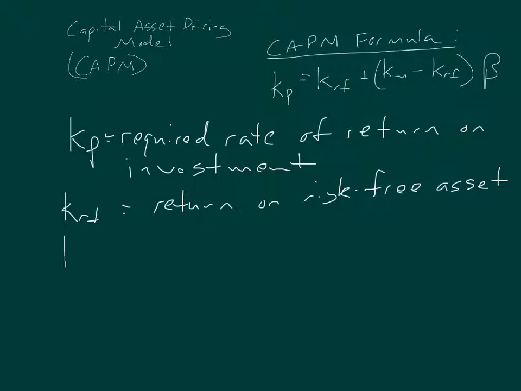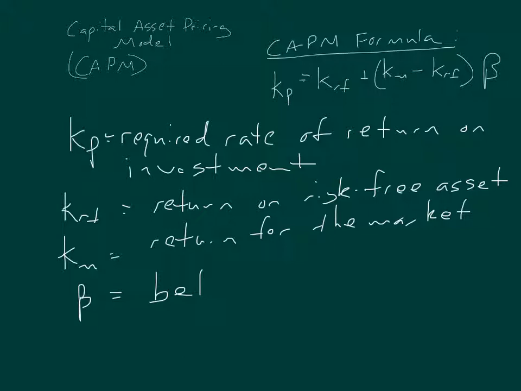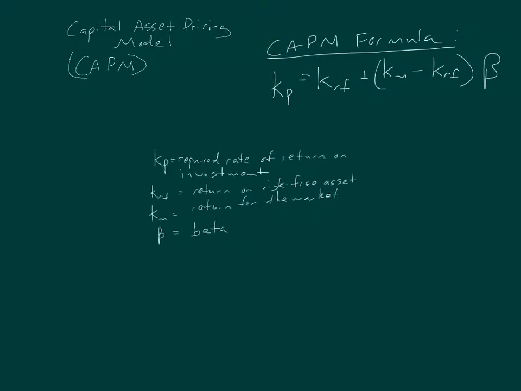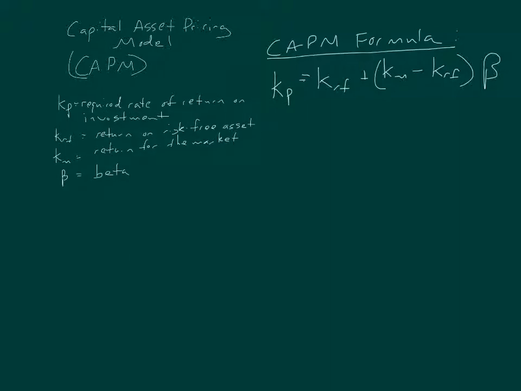We have KM, which is the return for the market for this particular type of asset. Okay, and then beta, Greek letter beta, is beta. That one's easy to remember. Alright, there's our definitions. Put those off the side too.